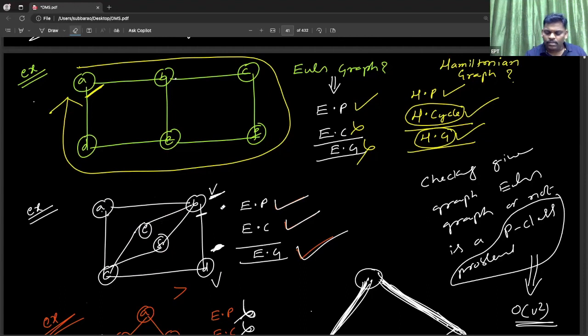I'm expecting answers. Let's see how many people will do it. Hamiltonian graph. Right? Can you find a path where every vertex is covered exactly once? You cannot repeat the vertex.